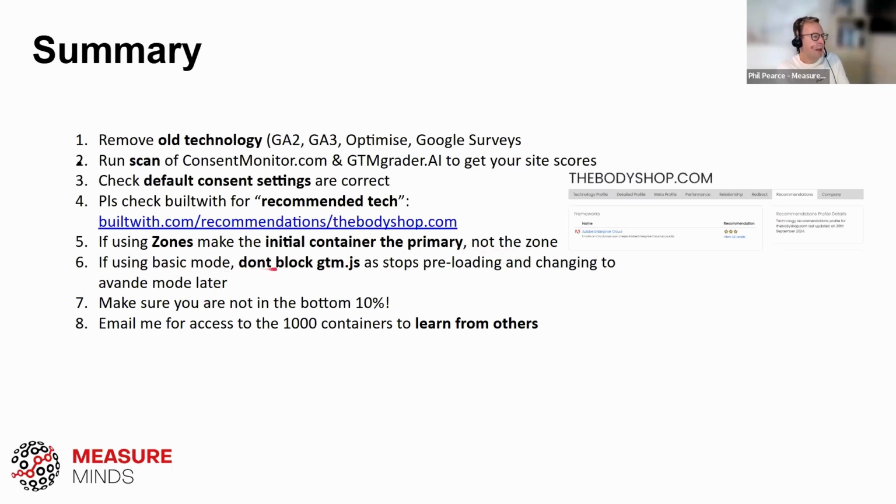If you're running in GTM and you're running in advanced mode, don't block GTM by accident by adding it behind a cookie banner or turning on auto block or setting the tag type to text or forgetting to add C001 or a strictly necessary classification.